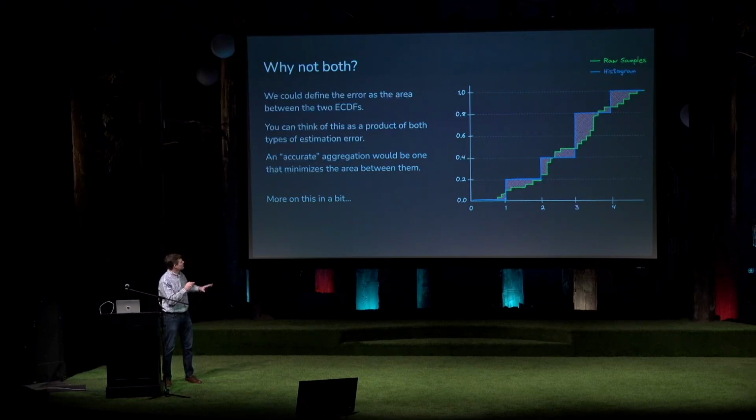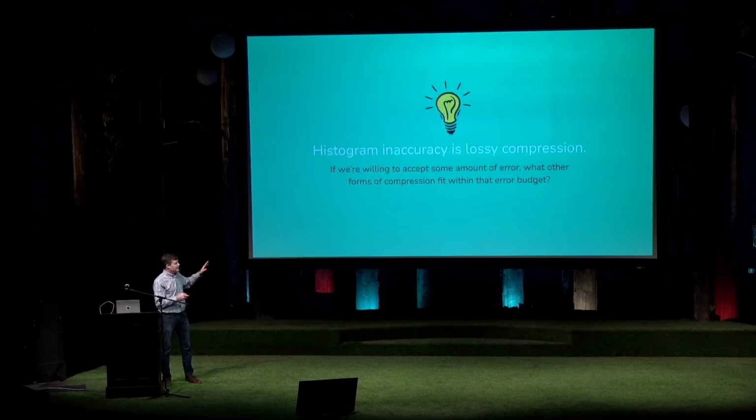So now that we've talked about how to measure that, I get to the second big idea, that histograms are actually a form of lossy compression. You have a whole set of data that compresses down into this compressed form of bin counts. And anytime you do this, it's just like an image encoded as a JPEG, right? Some information is lost, but you can still see the image.